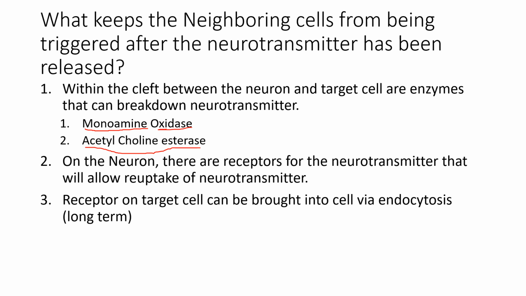The other way that a cell can keep from being activated too much is on neurons. On neurons, there's receptors for neurotransmitters that don't trigger the cell to contract, but pull the neurotransmitter back. So if you have enough neurotransmitter in between two neurons, or between a neuron and a neuromuscular junction, you can reabsorb the neurotransmitter.